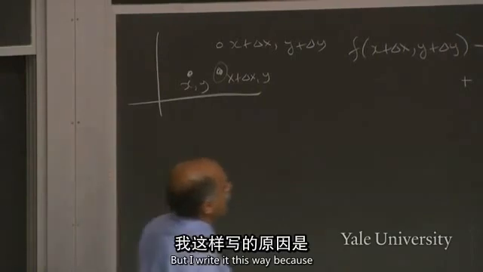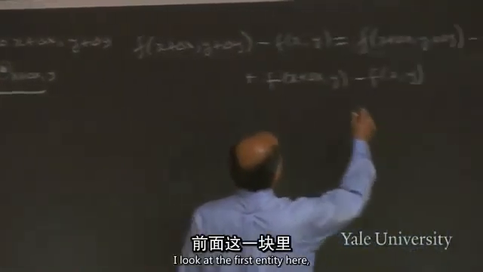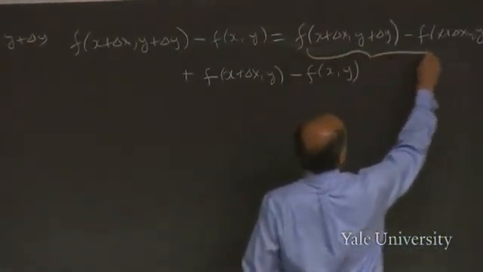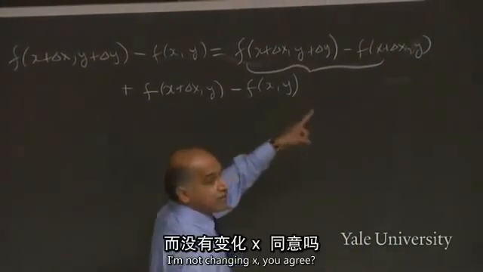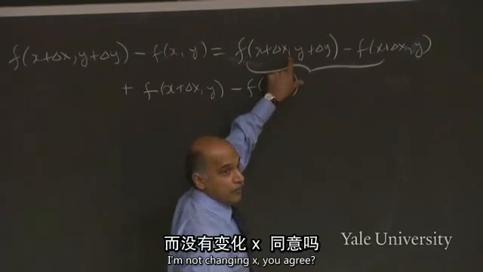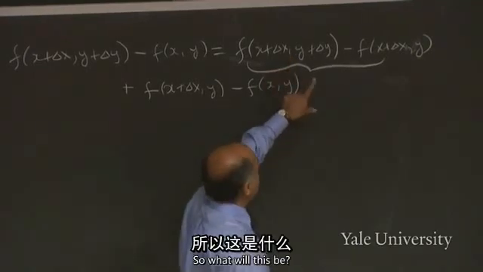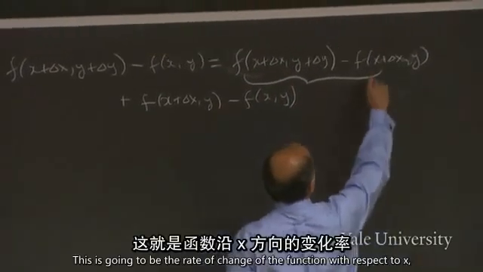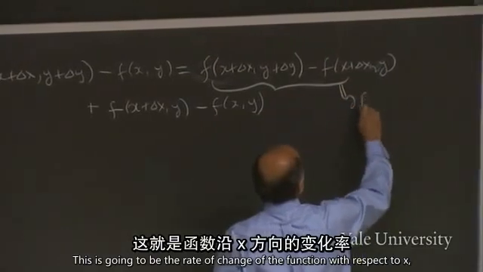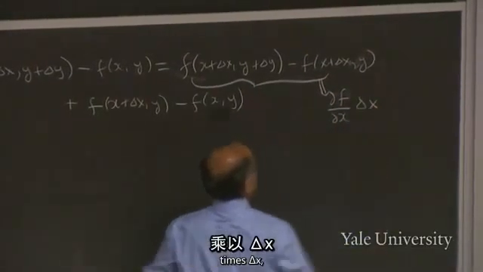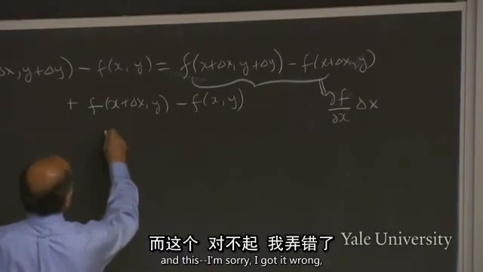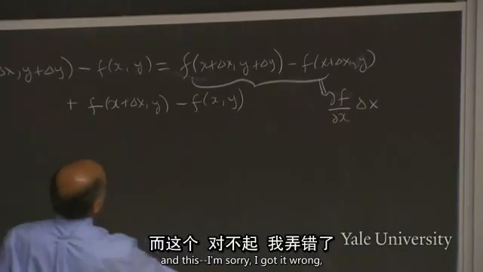But I write it this way because I look at the first entity here. It looks like I'm just changing y. I'm not changing x. You agree? So what will this be? This is going to be the rate of change of the function with respect to x times delta x. And this, I'm sorry, I got it wrong.